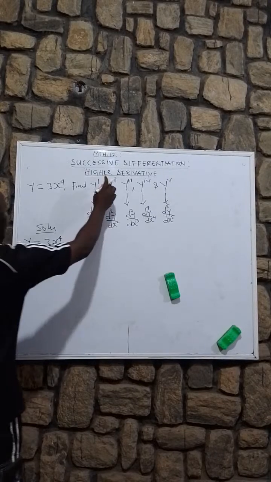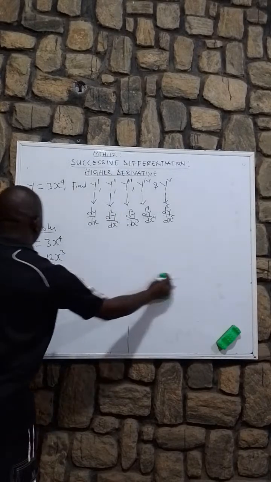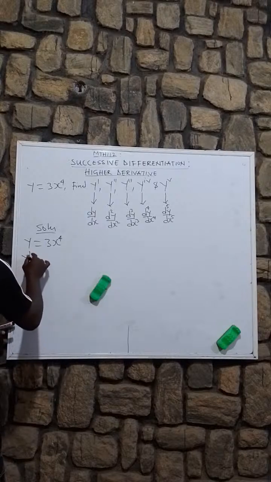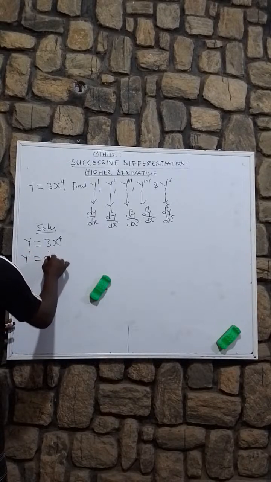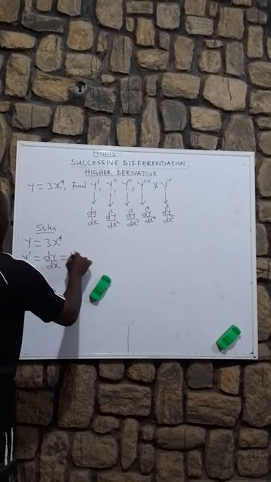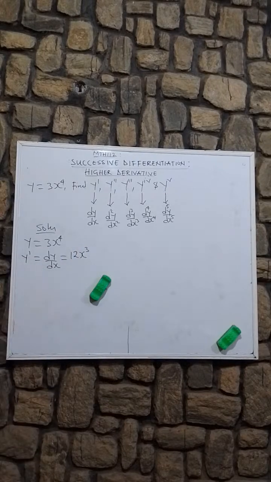Then let's find the second derivative. Let me do it this way: y prime is the same thing as dy over dx, which is equal to 12x raised to the power 3. Do you understand? Are you following? Yes, right?